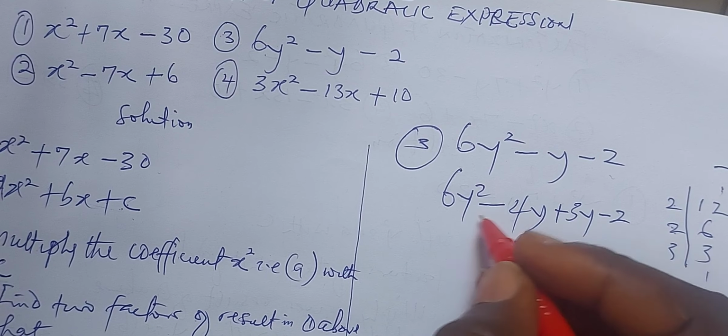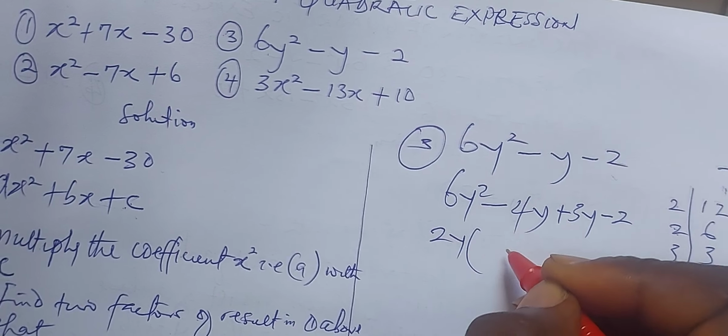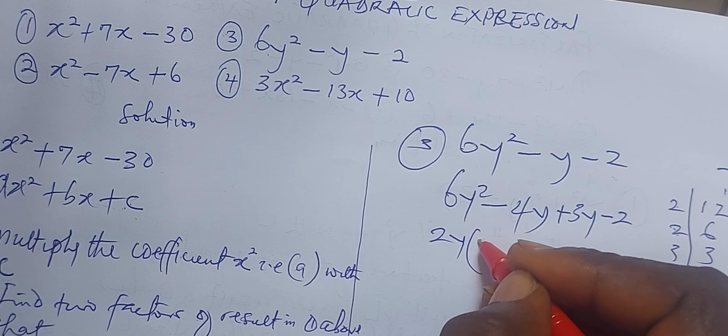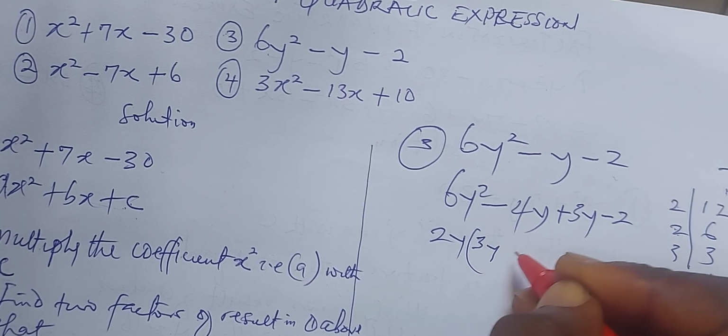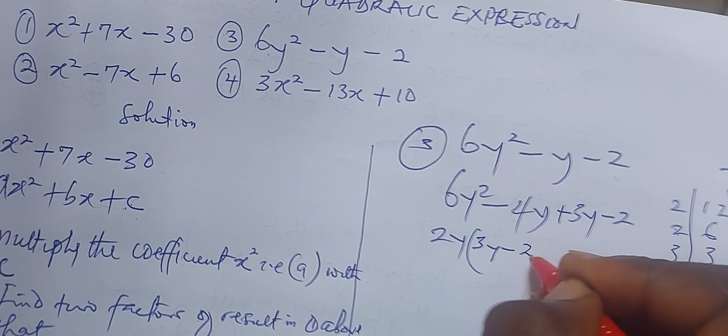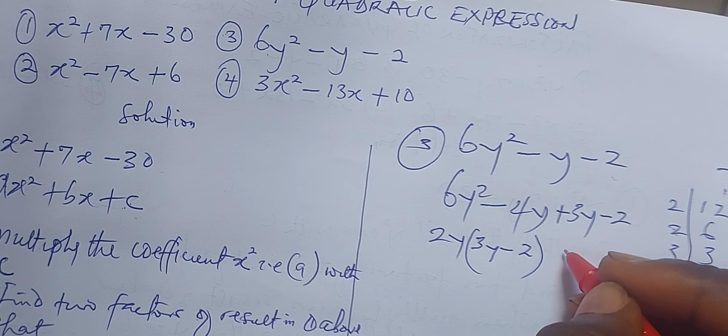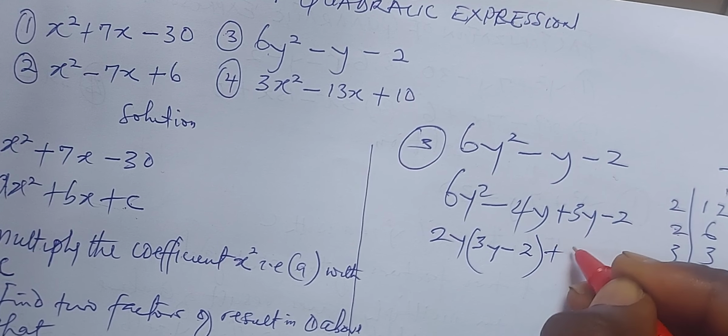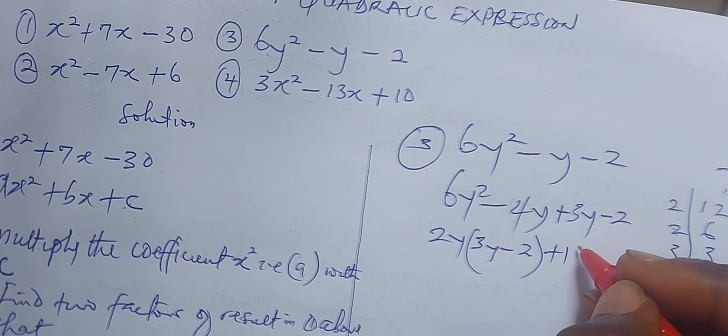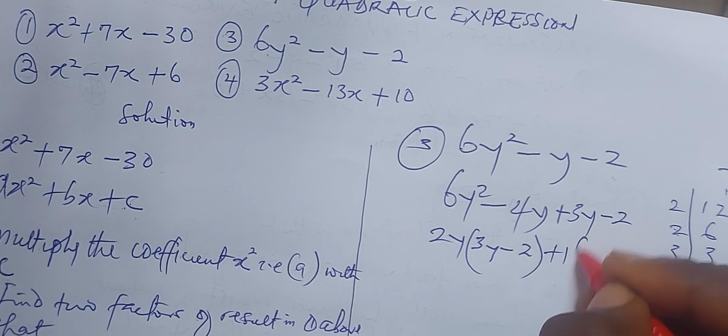What is common here? We have 2y common. 2y into this, we have 3y minus 2. What is common? We have plus 1 is common, into 3y minus 2.